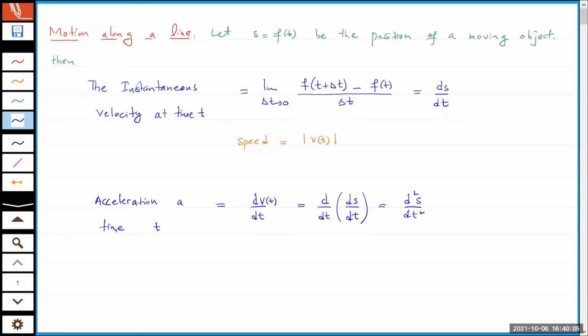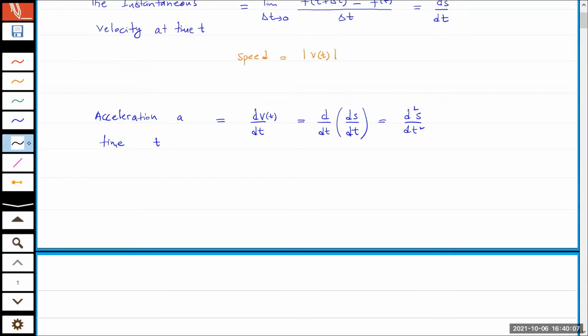For example, suppose the position function is given by s of t equals 5t squared plus 2t plus 3. It measures the motion of a particle at any time t along this parabolic path, which is 5t squared plus 2t plus 3.